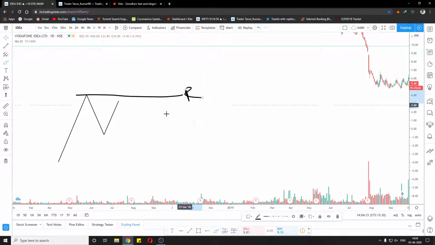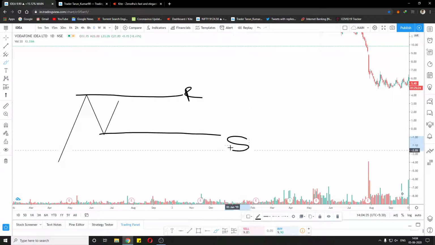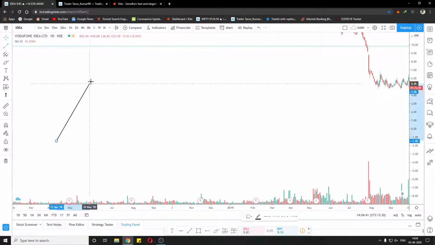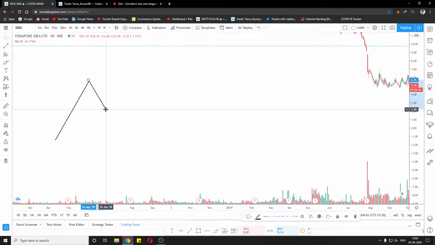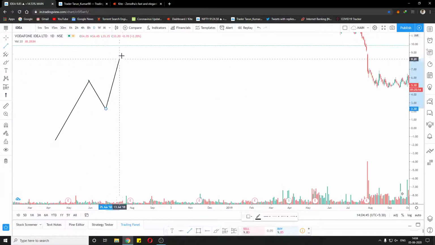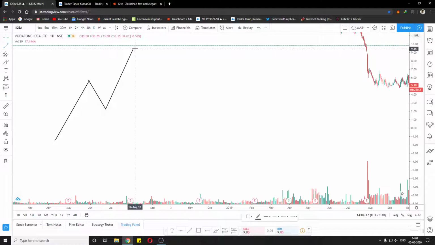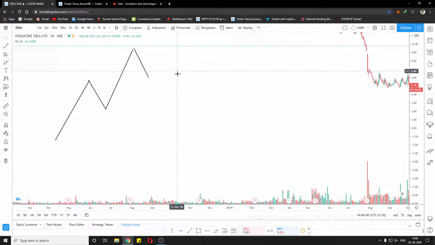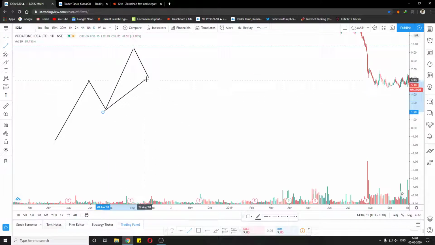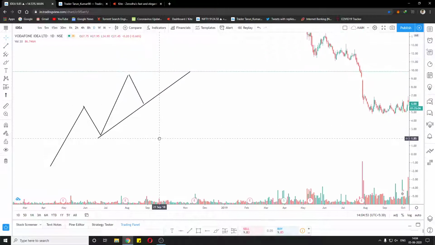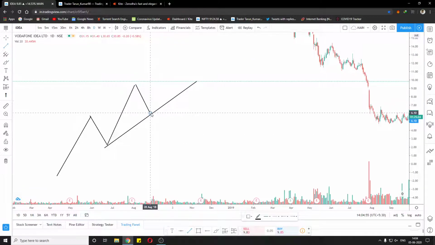This becomes our resistance, and this becomes our support. But if the market is able to breach this, then what we get is an uptrend. Then we make another low. This becomes our trend line if we connect the lower lows.